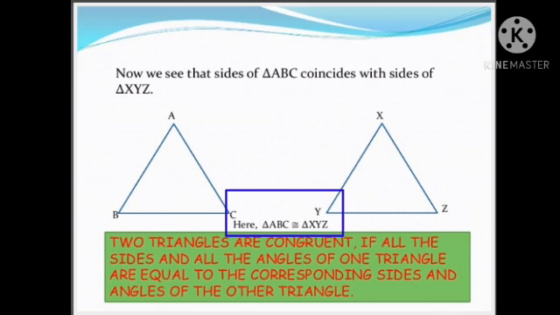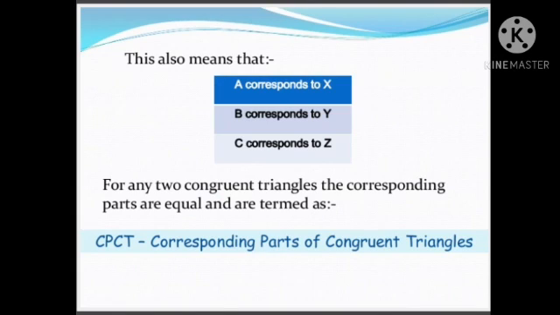So we can say triangle ABC is congruent to triangle XYZ, and also we can say A corresponds to X, B corresponds to Y, C corresponds to Z. For any two congruent triangles, the corresponding parts are equal and are termed CPCT. CPCT means corresponding parts of congruent triangles.